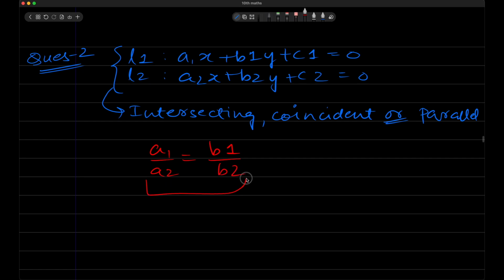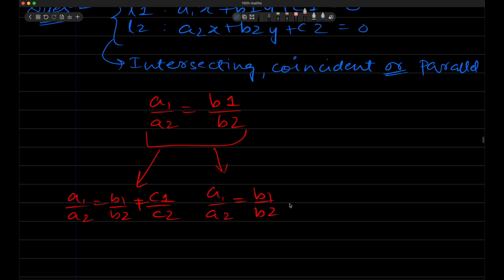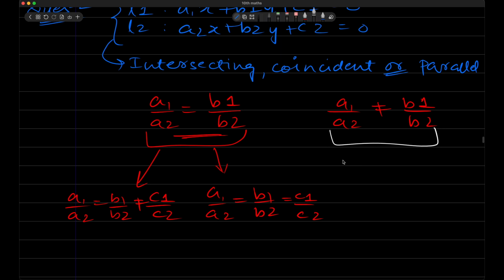If these are not equal, that is A1 upon A2 not equals B1 upon B2, then we conclude that these are intersecting lines.